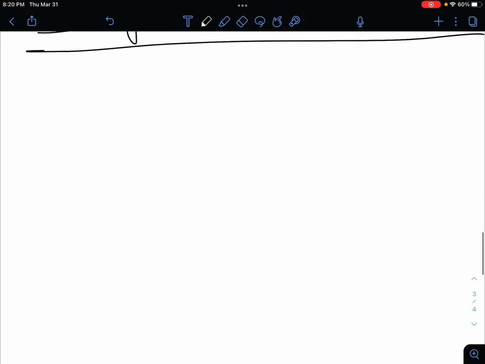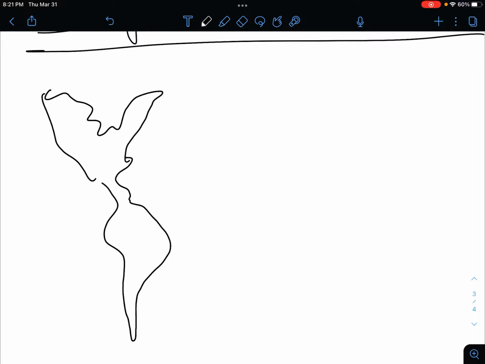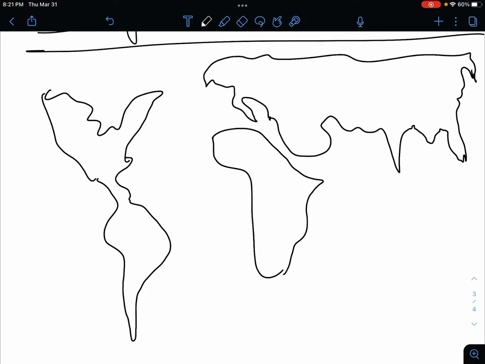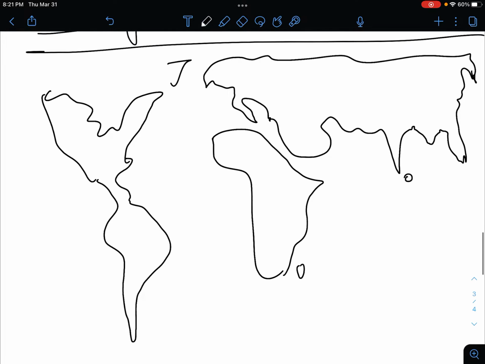Now, to begin with, you must put a diagram. You must put a diagram for correspondence as well as lack of correspondence. See, just a rough diagram.